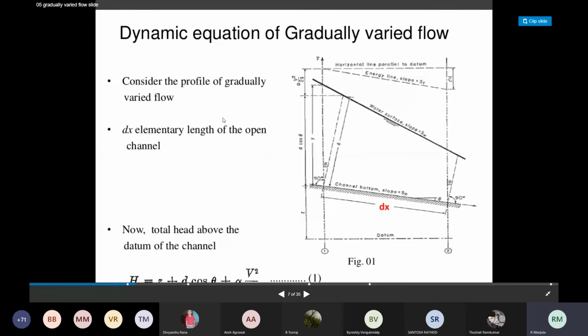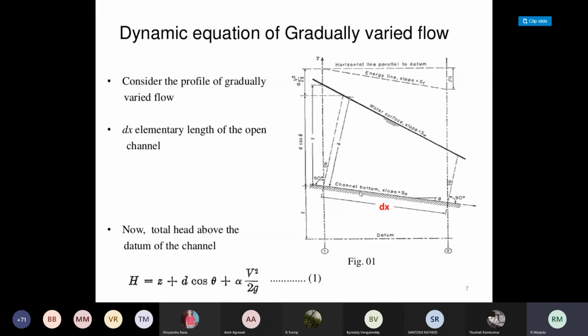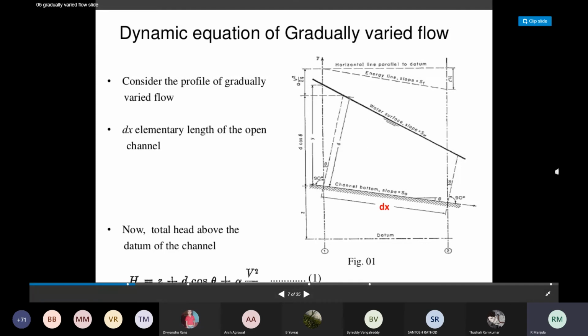You can see it in the figure. Instead of descending or ascending, this profile will be parallel. If this profile is parallel to the channel bottom, then dd by dx is 0, or you can say the flow is uniform flow in that case. Only if it is non-uniform flow does it come minus or plus. If it is uniform flow, the channel bottom and water surface profile are parallel.